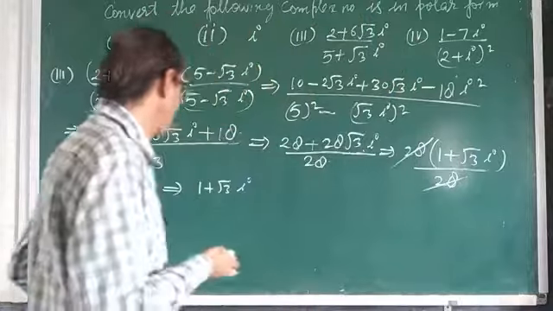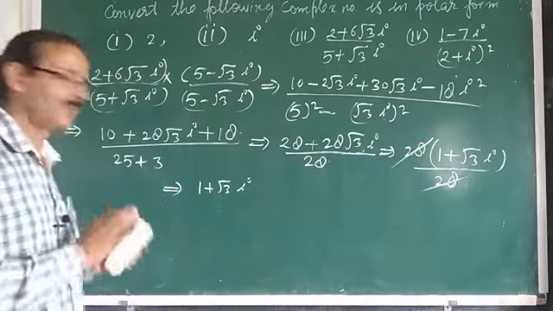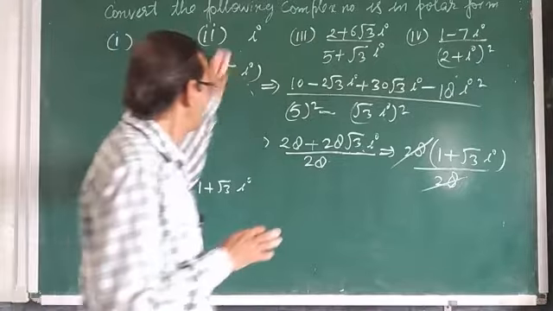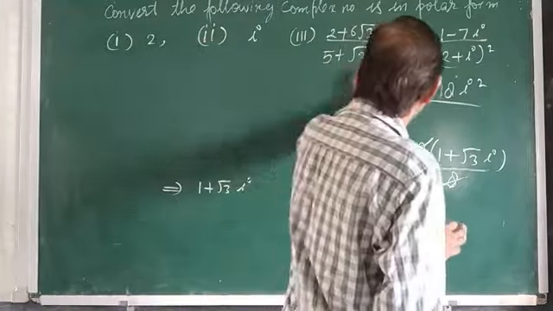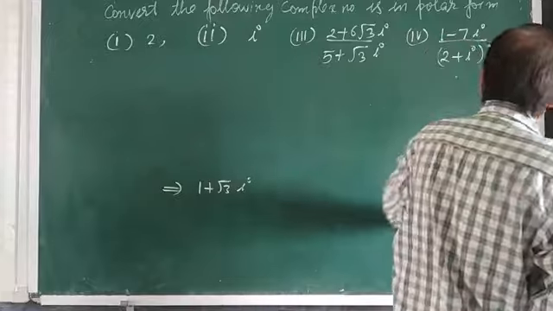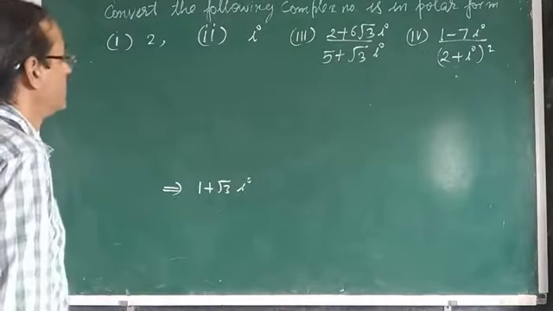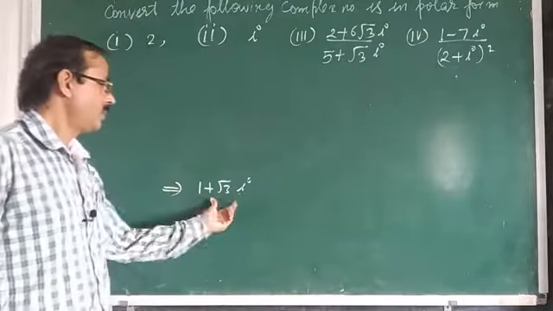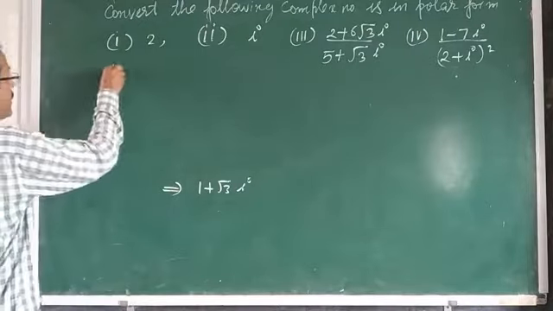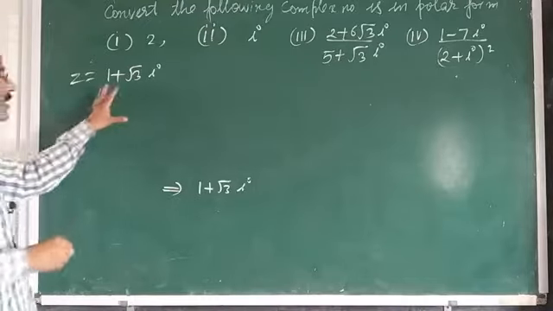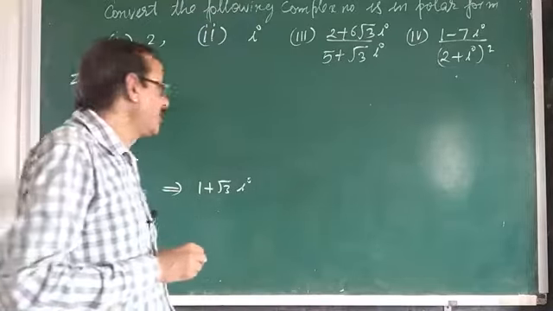So let's see how you can convert this. 1 plus root 3 iota. This is the standard form, a plus iota b.